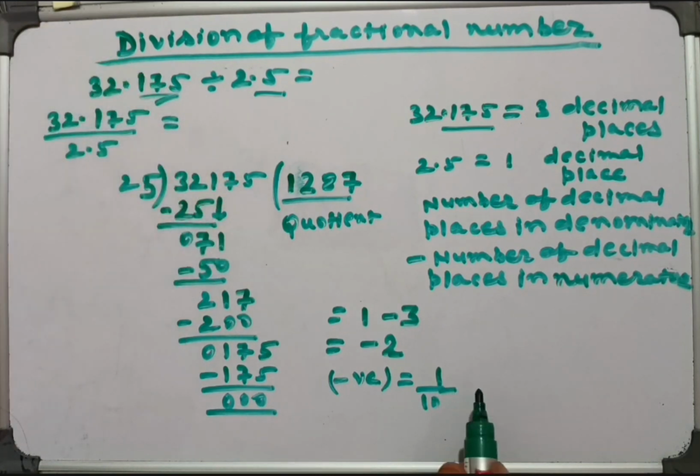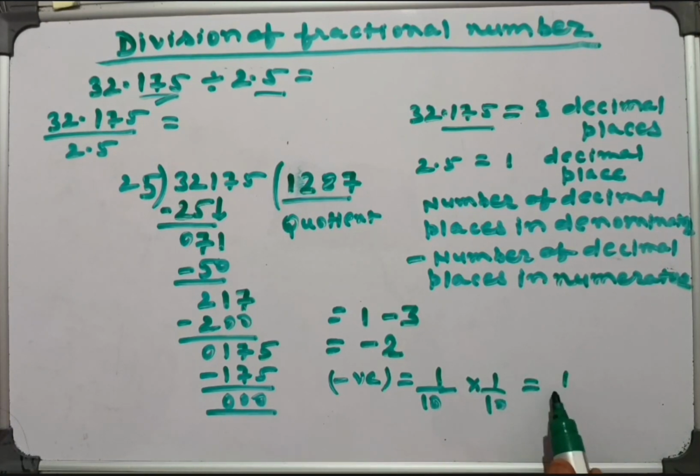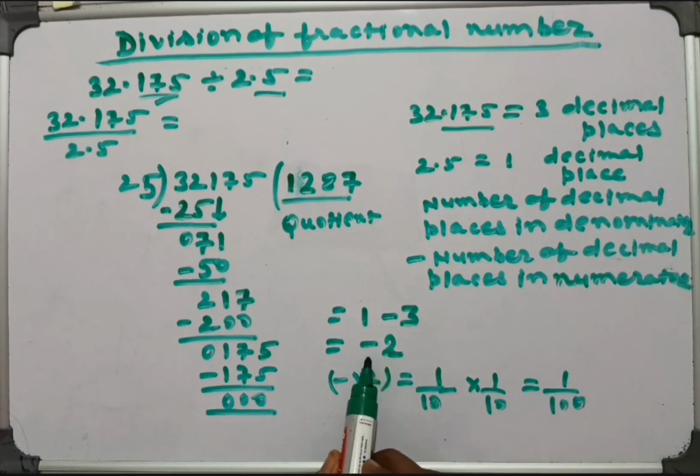But in this case the negative sign is 2, so you have to multiply by 1 by 10 twice, which is equivalent to 1 by 100. If it is minus 1 only, then you multiply the quotient by 1 by 10 only.